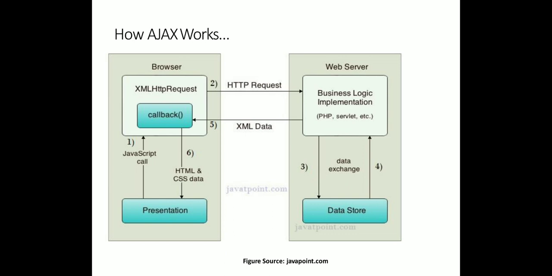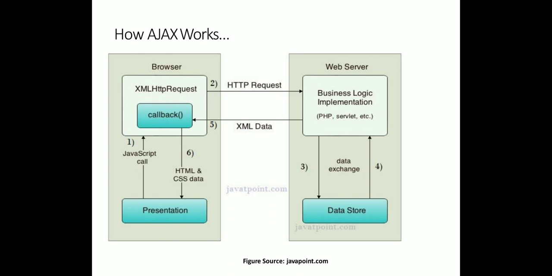There is a diagram, and in the diagram you can see a few steps given with numbers. One by one we will see how Ajax working is going on. The first step is the JavaScript call.